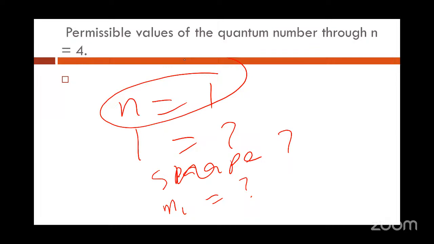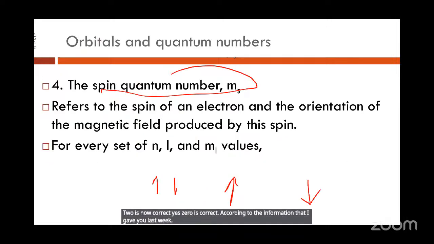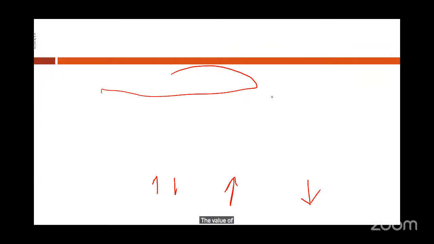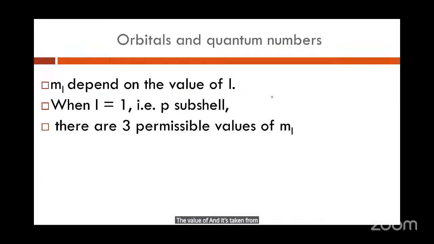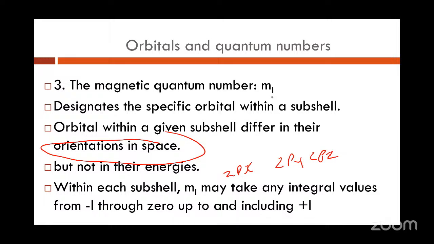The first person that answered that question said 2. 2 is not correct. Yes, 0 is correct, because according to the information that I gave you last week, the value of L is taken from the n value.